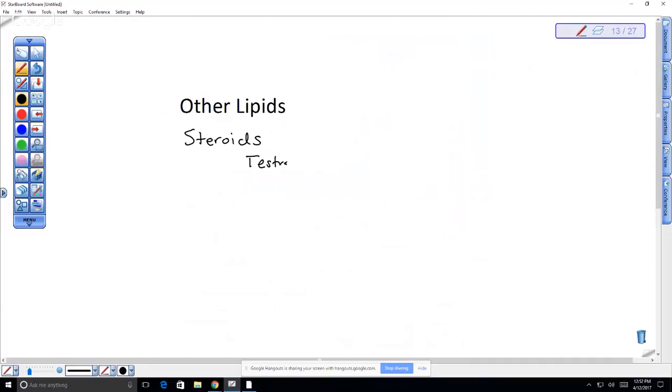So what do females have? Estrogen. And these are actually all derived from cholesterol. So cholesterol is also a steroid. Cholesterol is also necessary for the production of vitamin D, but it is a precursor to testosterone and estrogen.